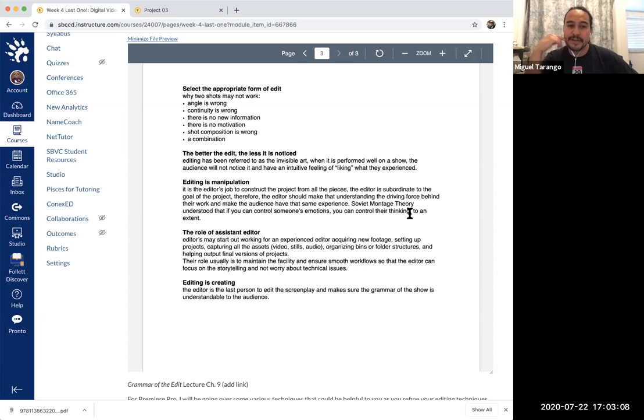We always want to make sure that our continuity is correct, because our continuity could be wrong, as also the angle could be wrong. Sometimes we cut and there is no new information, so it's like, oh, that was a wasted cut. Or we have no motivation, right? The character doesn't give us a reason for the cut. Sometimes the composition is wrong, and that's what I was just explaining with the example from Poltergeist, or a combination of all of those.